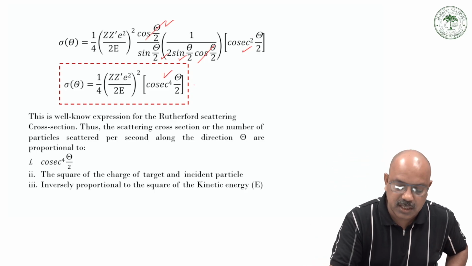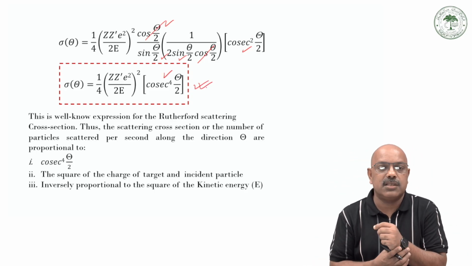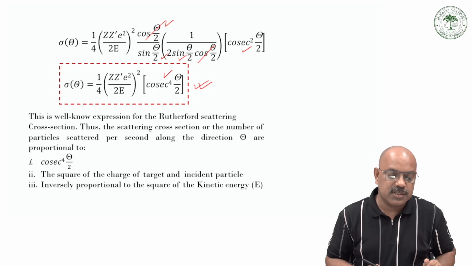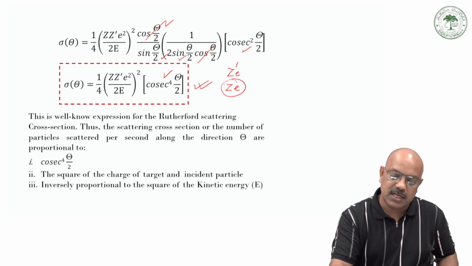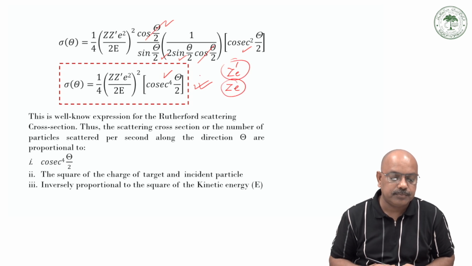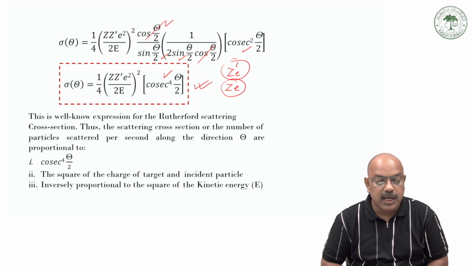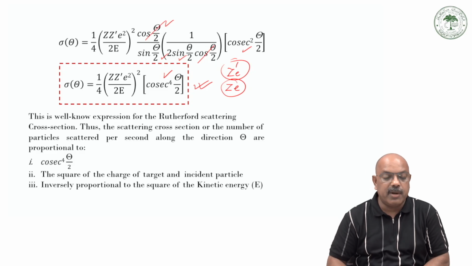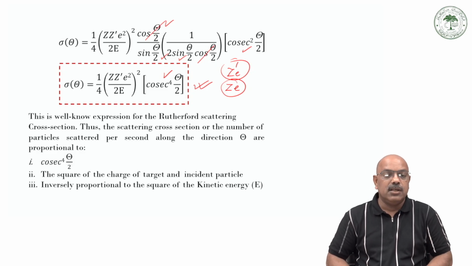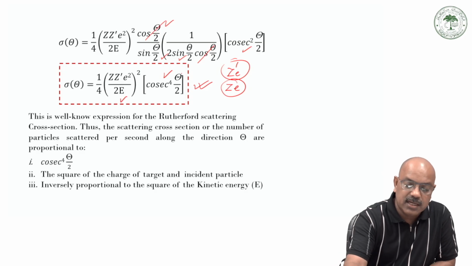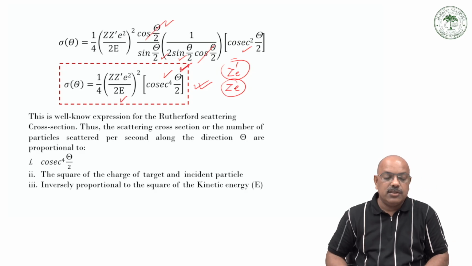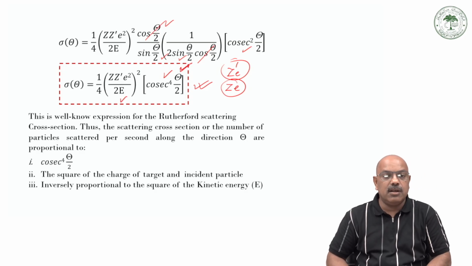So this is the differential scattering cross section for Rutherford scattering of a charged particle z prime e by a target of charge z e. These are all independent of the number of particles and the mass. The cross section depends only on the energy and the scattering angle theta. This is the well known expression for the Rutherford scattering cross section.